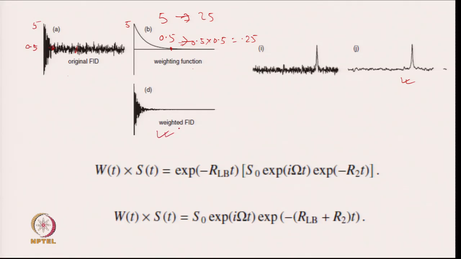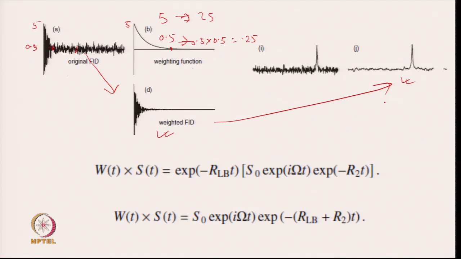This is the weighted FID, and now you can see how it looks. Here almost all the noise is 0, and when you do your Fourier transformation of this FID, you will get a very nice looking peak, which has less noise.